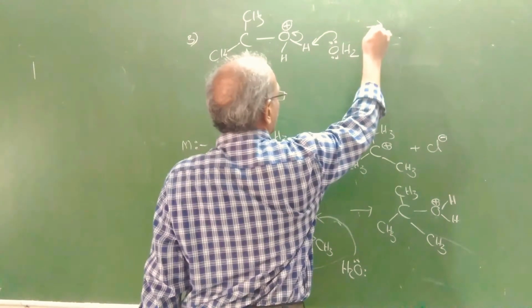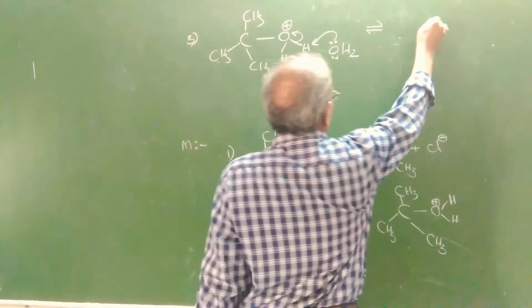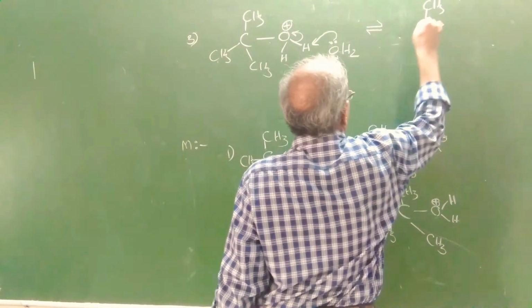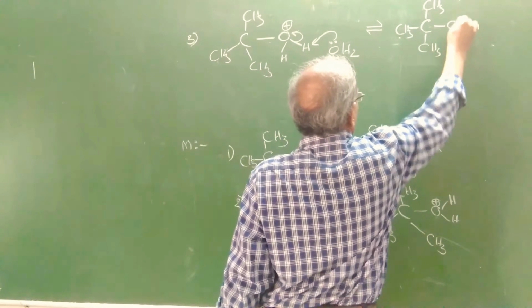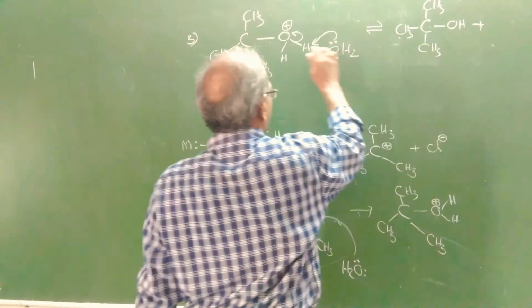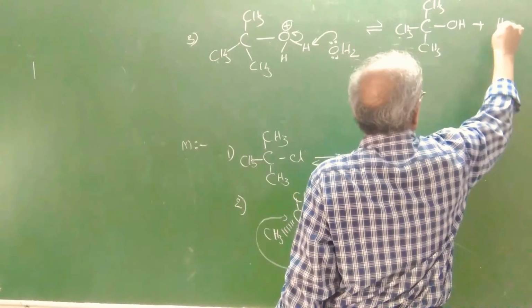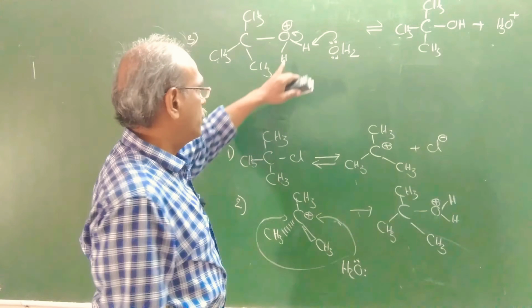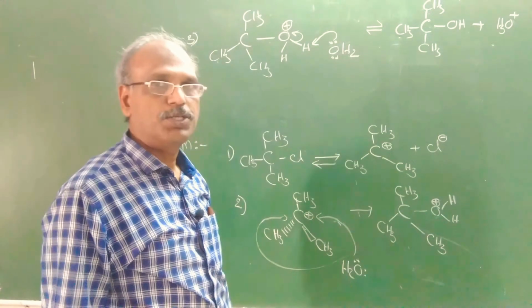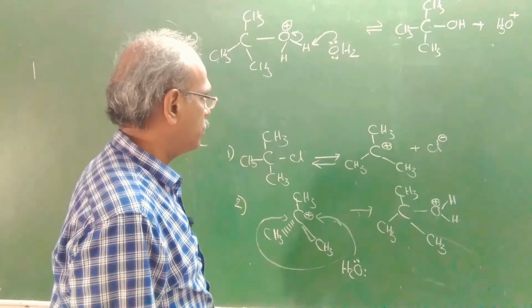Now see this, (CH3)3C-OH plus, what is this? H3O plus. So in that way we get tertiary butyl alcohol. In that way it takes place in 3 steps.